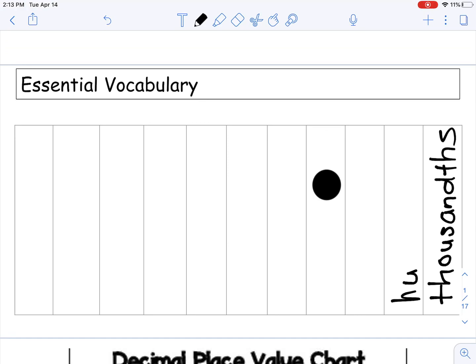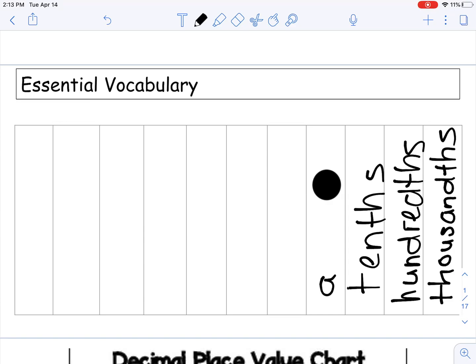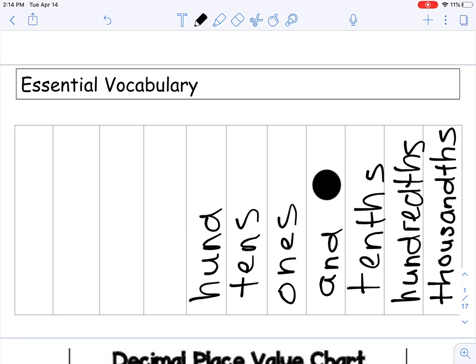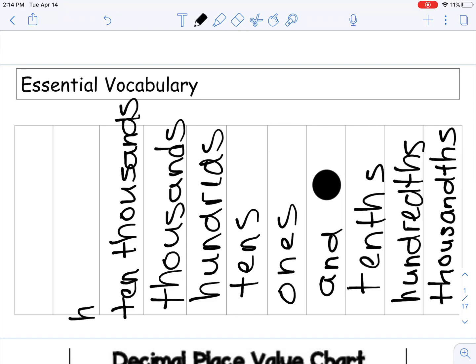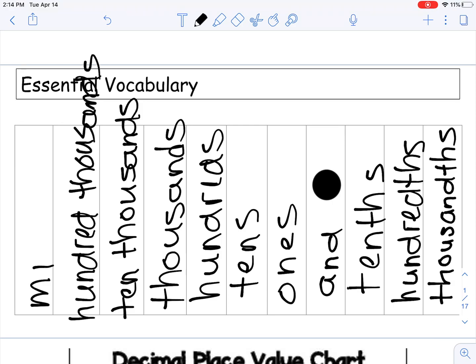Then we have hundredths, tenths, and then we have that decimal that represents and then we have ones, tens, hundreds, thousands, 10,000s, 100,000s, and last but not least, our millions.